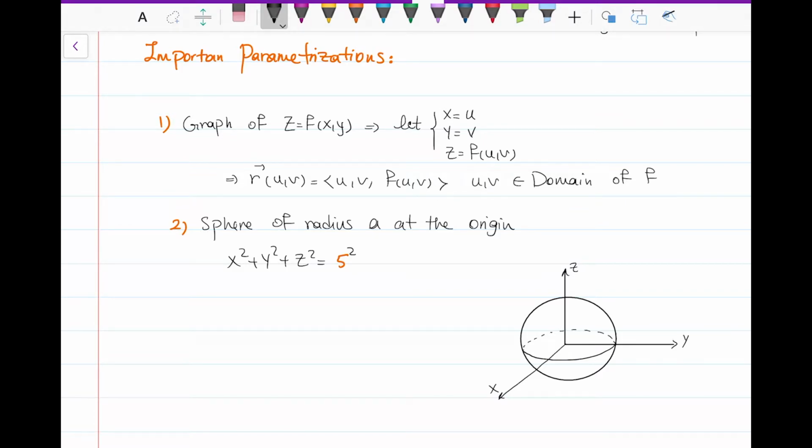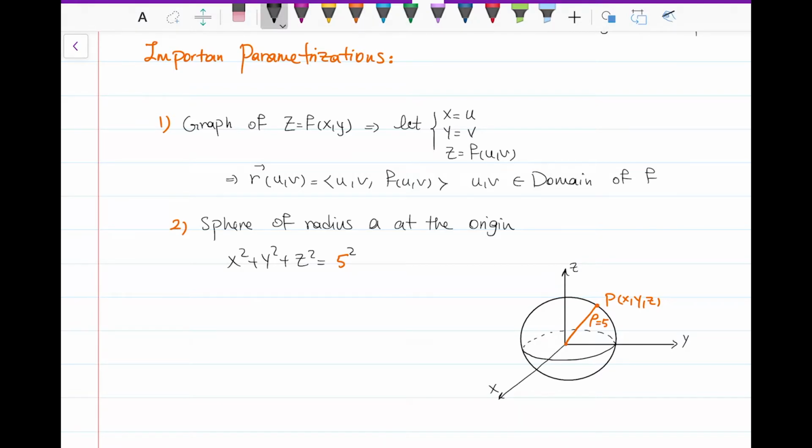So if I pick any point P in here with the coordinates x, y, and z, I'm going to show this length by rho. And if I have a sphere of radius 5, the length rho is equal to 5, or it could be equal to any radius a.